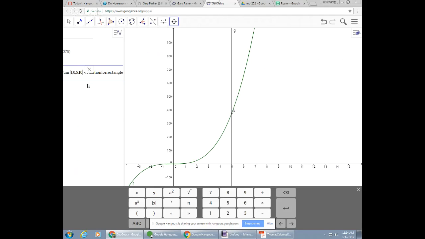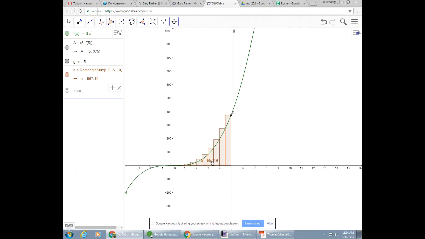So every half a unit, I'll have a new rectangle because I'm going from 0 to 5. And it did ask for right-hand sums. So here, that means the start of rectangle is to the right. So that would be a 1, enter, and it calculates it. So there's an example of a right-hand sum with 10 equally spaced intervals.